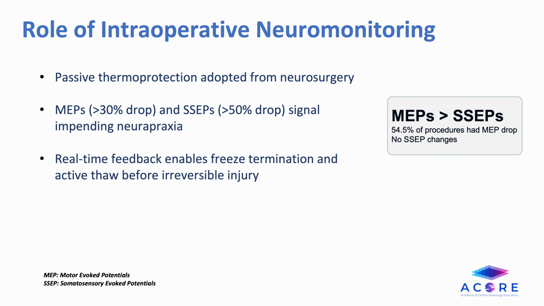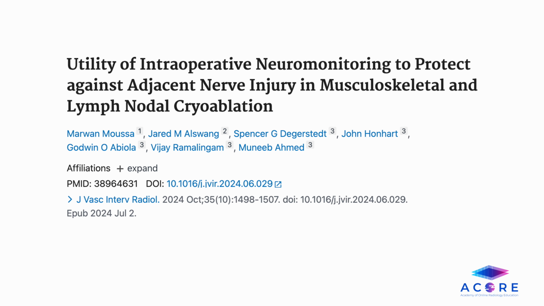A significant change is defined as a greater than or equal to 30% reduction in motor evoked potentials amplitude or greater than or equal to 50% reduction in the somatosensory evoked potentials. Thus, these alarms alert us before permanent injury occurs, allowing us to adjust or stop the ablation.